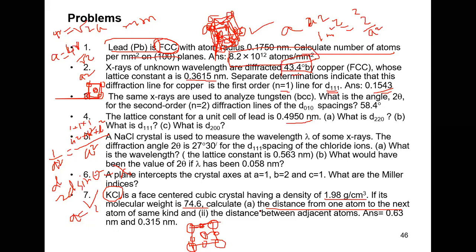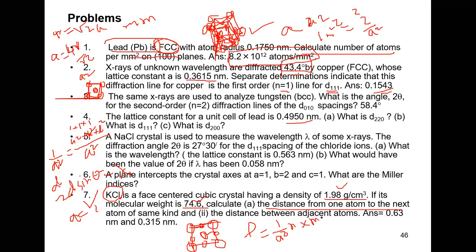So at first we will calculate a. Density and molecular weight are given. Our density formula is rho equal to N Ma divided by a cube Na, where N is the number of molecules per unit cell.